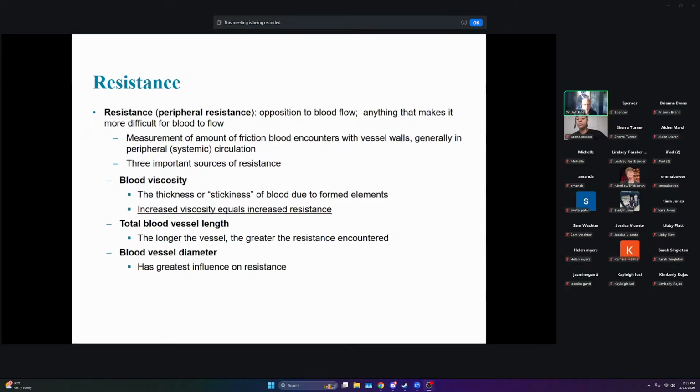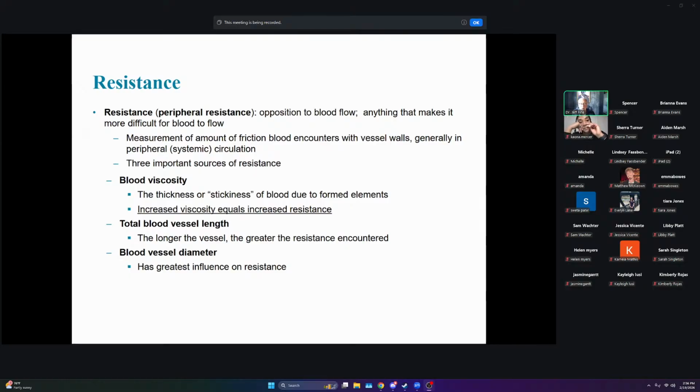Our blood can become thicker or thinner depending on how much plasma and water. Remember, 60% of blood is plasma and 90% of plasma is water. So if we add water, plasma, we're going to thin out our blood. There's going to be more water and a lower percentage of the formed elements, the erythrocytes, leukocytes, and platelets.